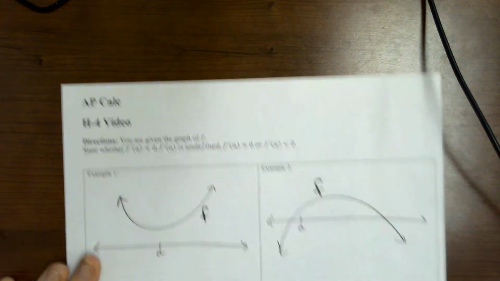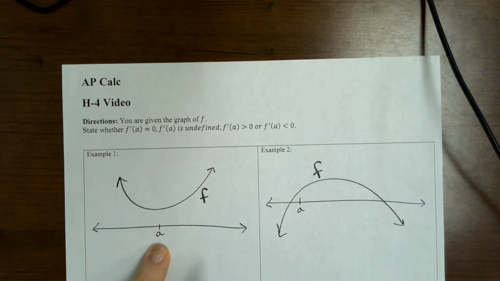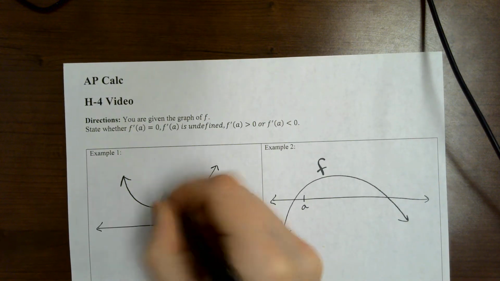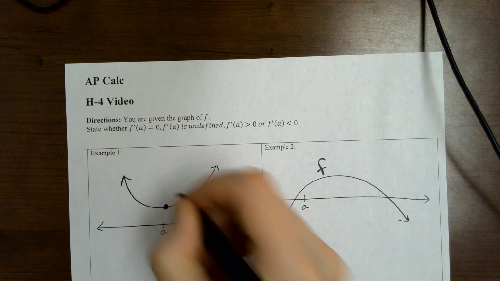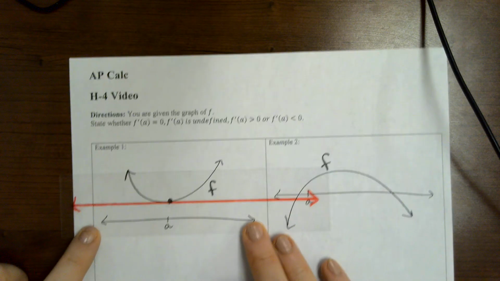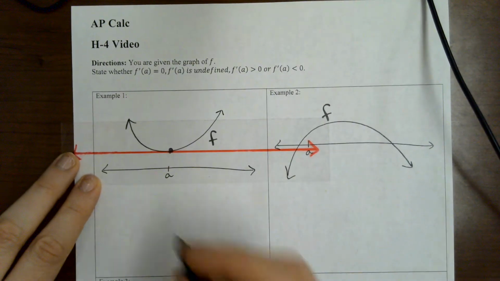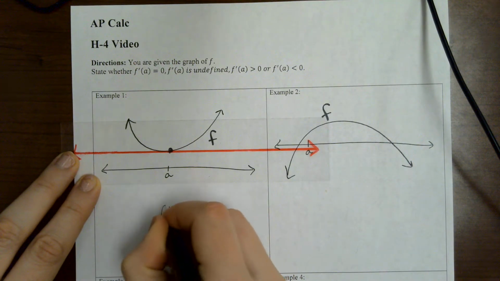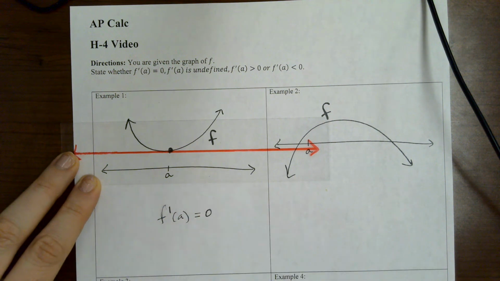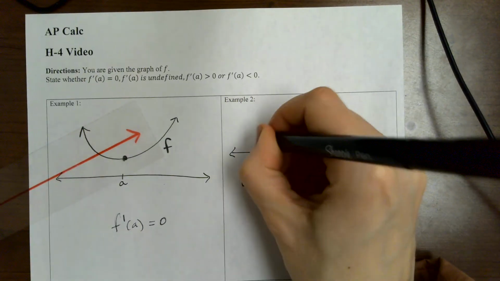All right, so here we go. This one here, here's a. I'll go up to the graph, and you can draw a little tangent line if you want. I have this transparency, so I'll go like this. I hand drew this, so it's not going to be perfect, but here's a case where f prime of a equals 0. Now this one, here's a. Let me go up to the graph.